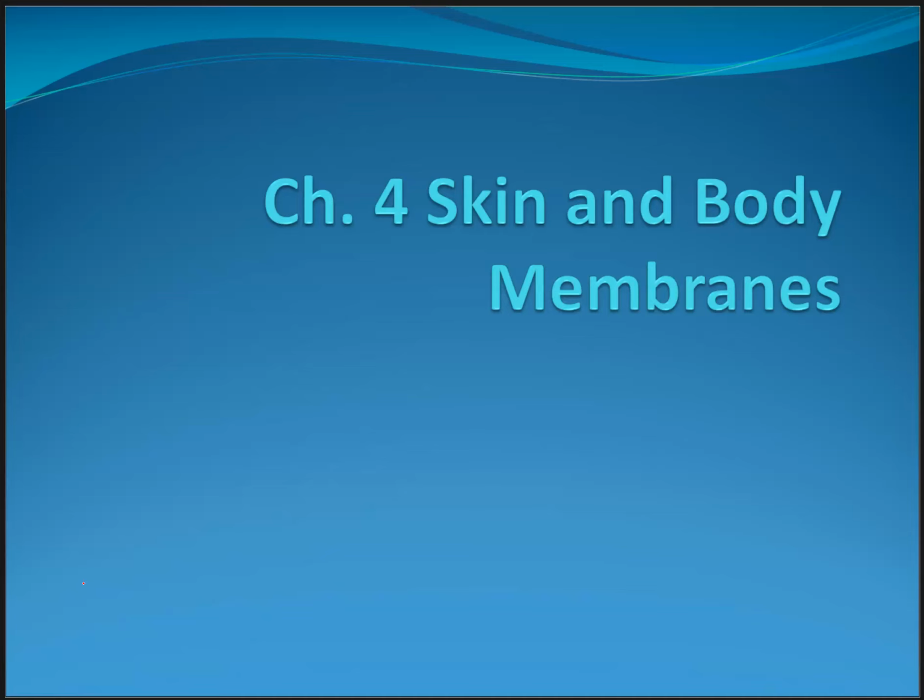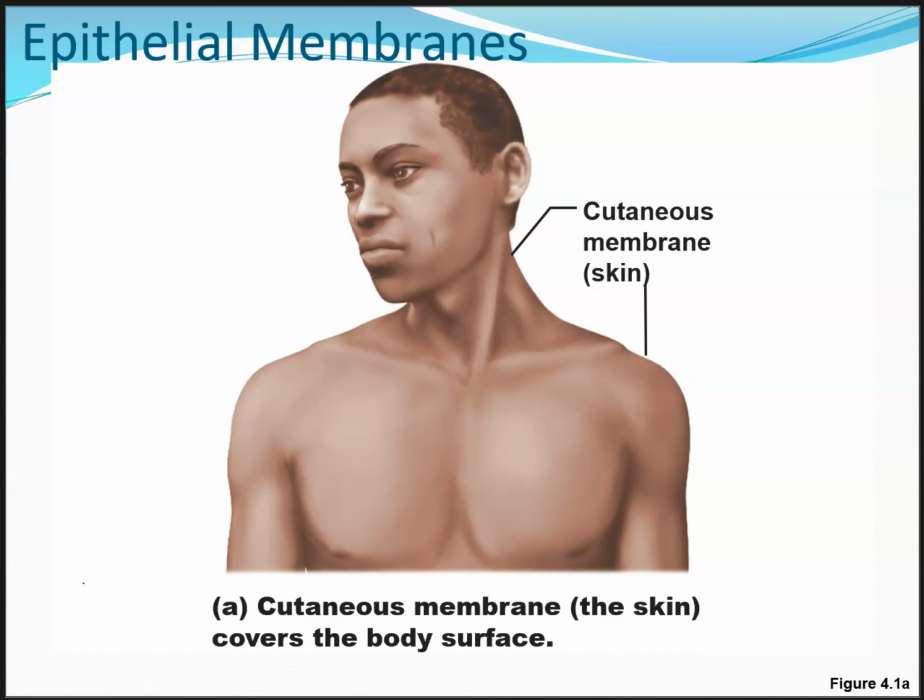And the second type of membrane is the connective tissue membrane, which is represented by synovial membranes, especially at the joints of the body. So the first type of membrane is the cutaneous membrane, which is your skin.